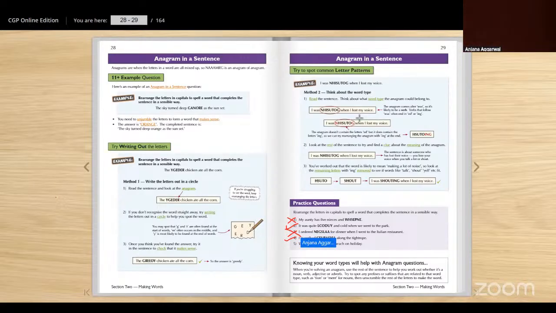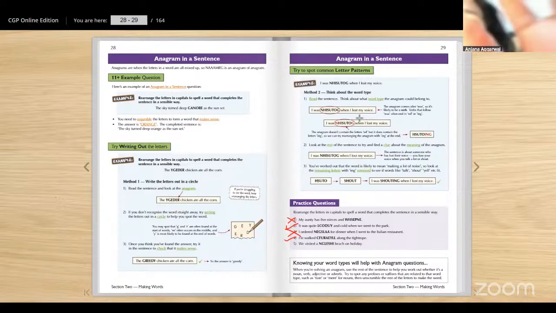We visited a ...lesh...ing beach on holiday. So it ends with ing and starts with lesh. Shelling.